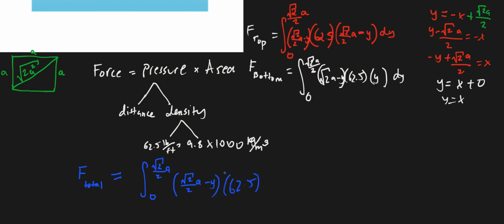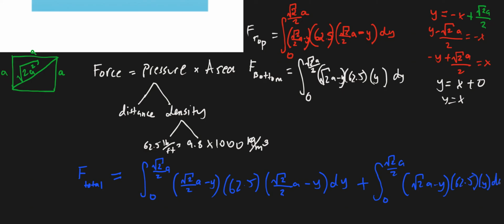We assume that it's going to be in feet, but if it was in meters, we would use 9.8 times 1,000, which is actually this is the American unit, and then times square root 2a over 2 minus y dy, plus the integral from 0 to root 2a by 2 of root 2a by 2 minus y times 62.5 times y dy. This is your answer.